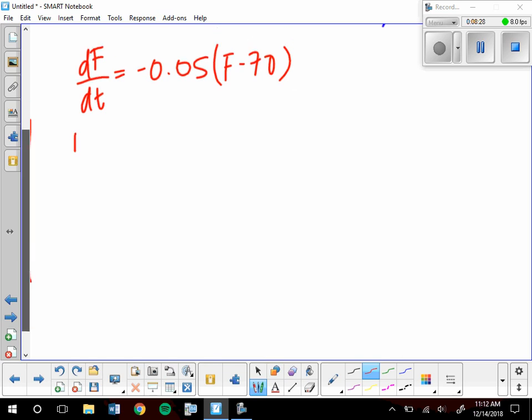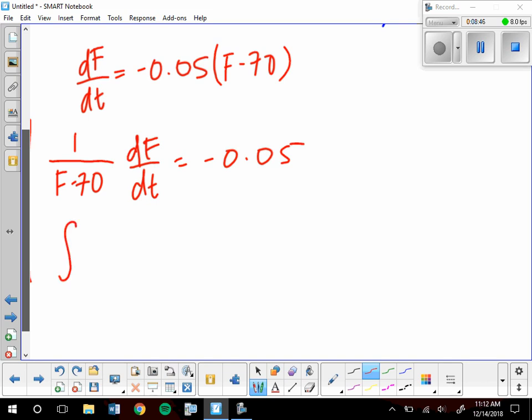So I'm going to move the F minus 70 over to be with the dF/dt and leave the negative 0.05 on the other side. Now that I've separated my variables, I can integrate both sides with respect to t, but really that's integrating the left side with respect to F. It's equivalent.